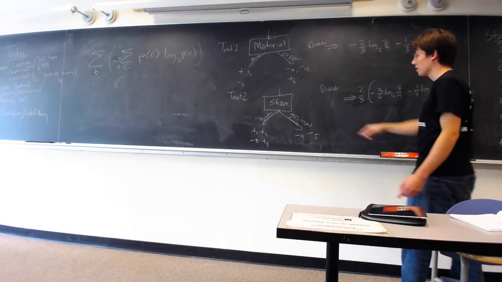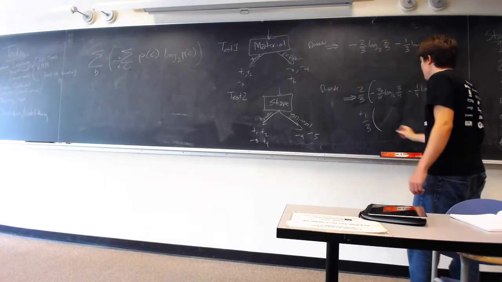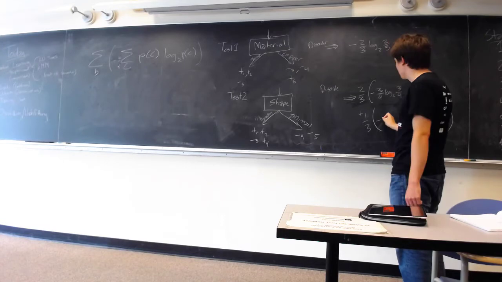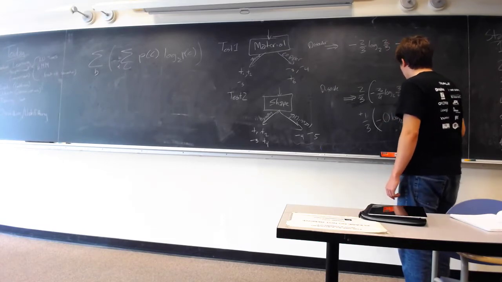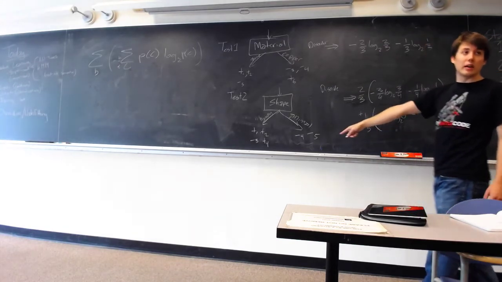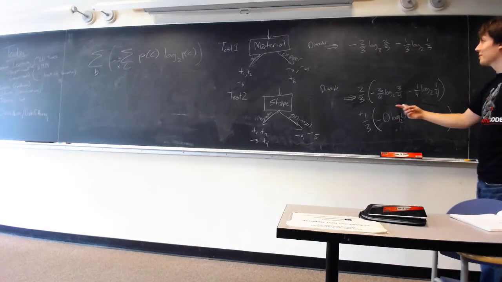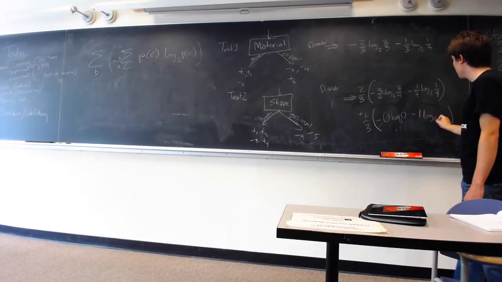So this branch is going to be weighed by 1/3, minus the probability of being an angel, which is 0, times the log base 2 of 0, minus, and then now we have the probability of being not an angel. So many nots here. Okay, so 1 log base 2 of 1.